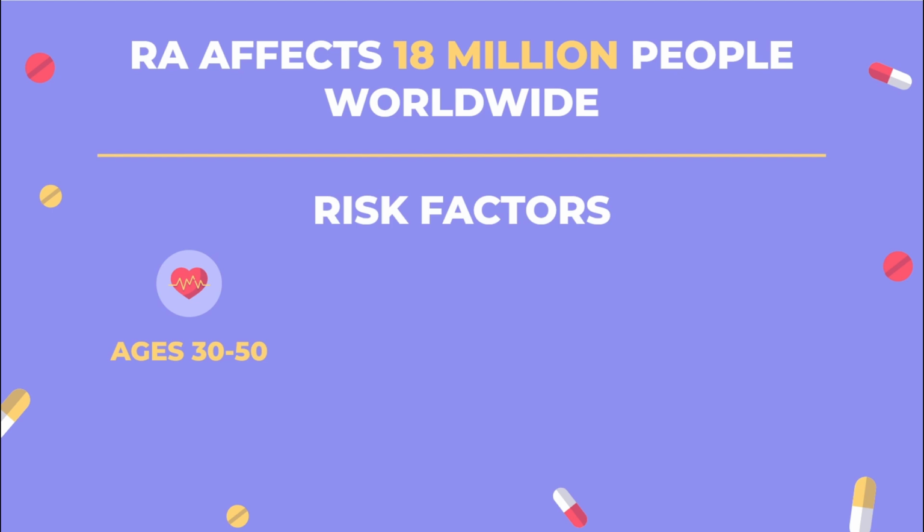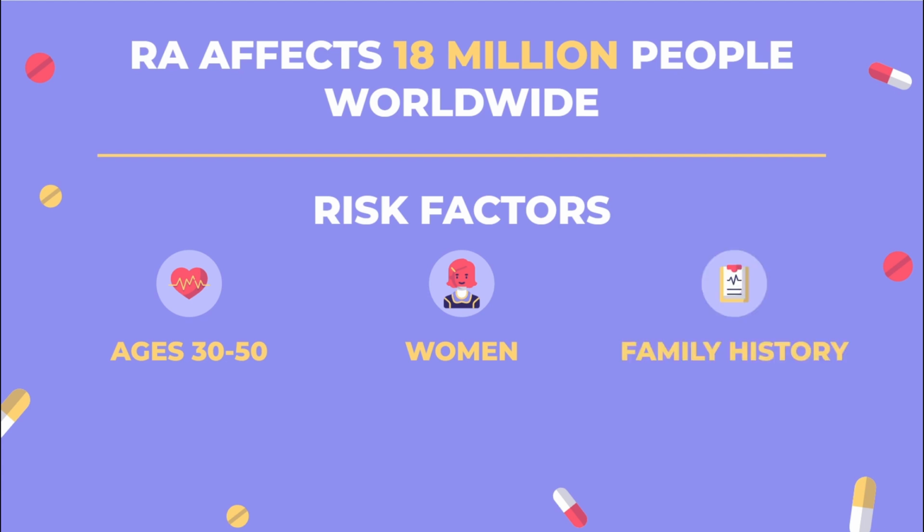One risk factor is age. People with RA generally report an onset of symptoms between the ages of 30 to 50, although you can develop the disease at any age. Another risk factor is your gender, with women being 2 to 3 times more likely to develop rheumatoid arthritis than men.